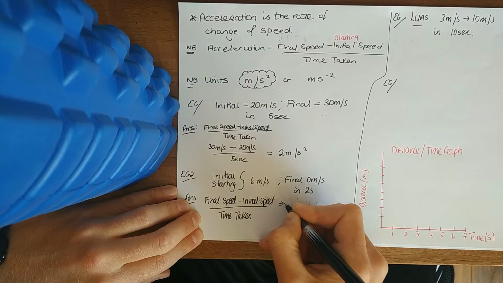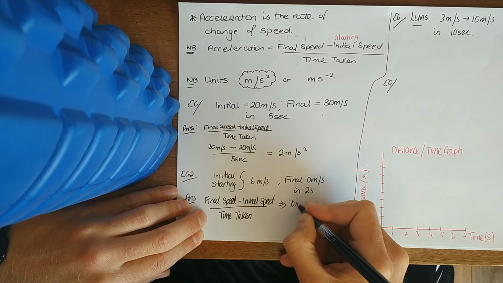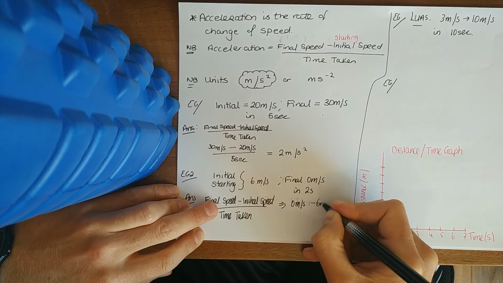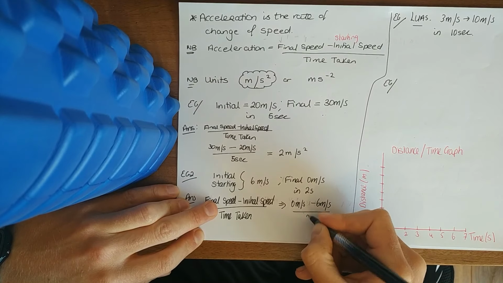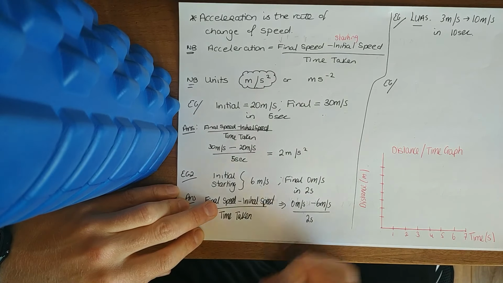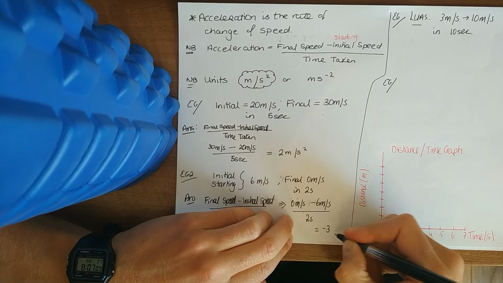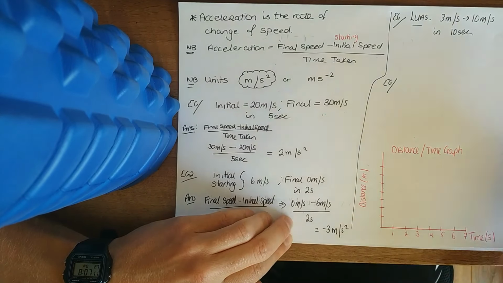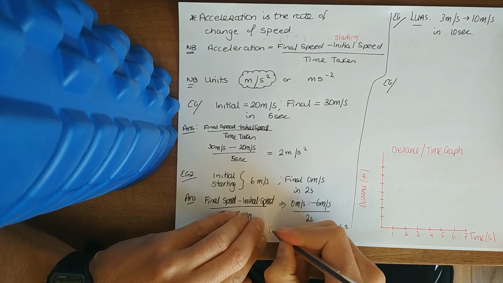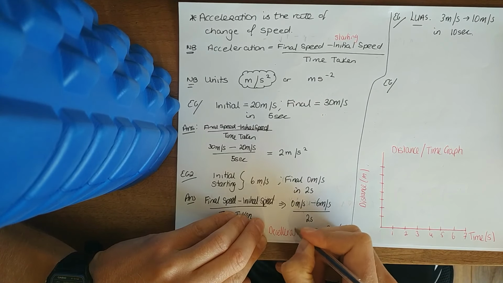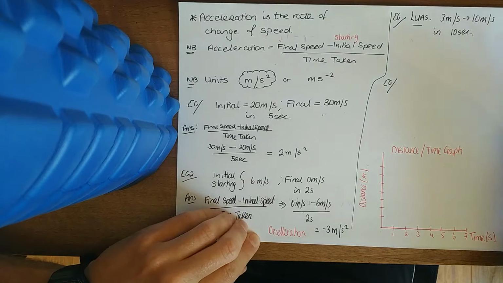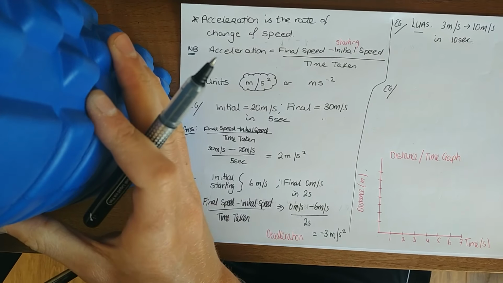Your final speed here is what you finished at, which is 0. Your initial speed is what you're starting at, over how long? 2 seconds. 0 minus 6 is minus 6. Minus 6 divided by 2 is minus 3 meters per second squared. So that's known as a deceleration. You're slowing down.